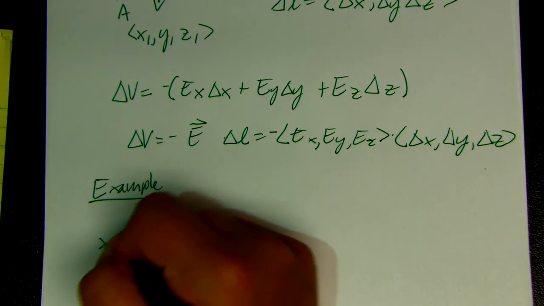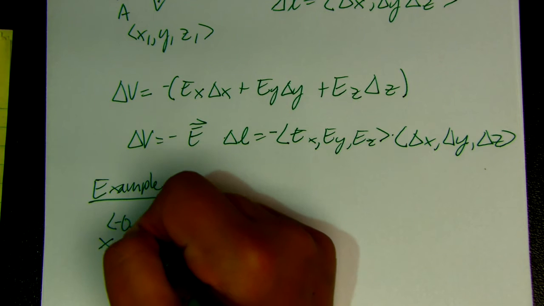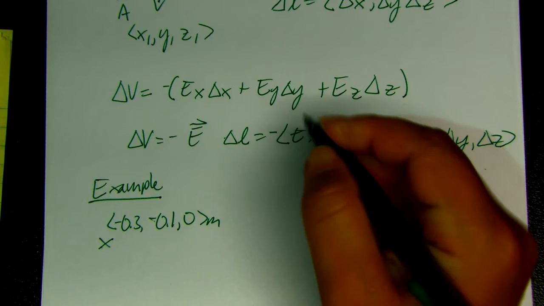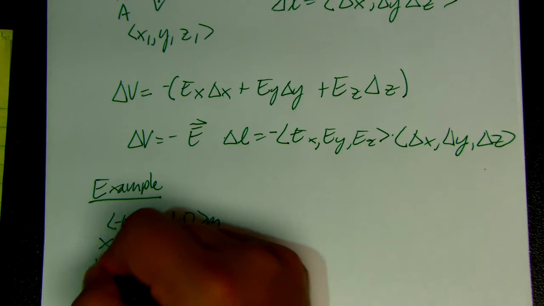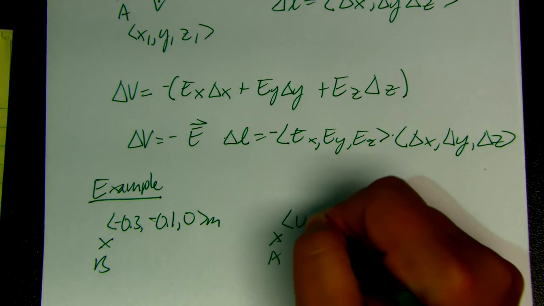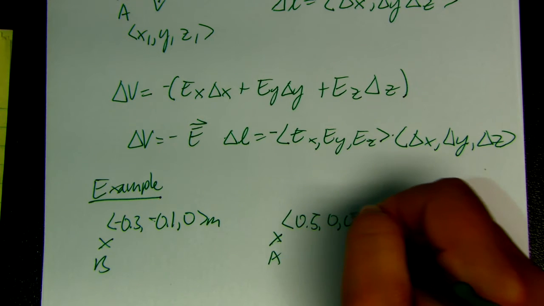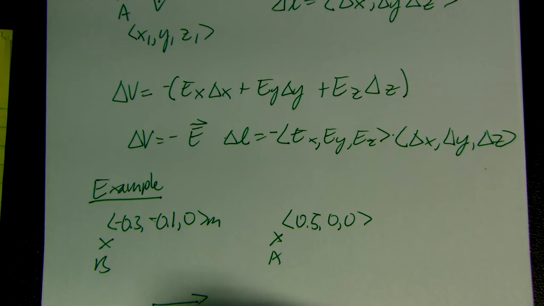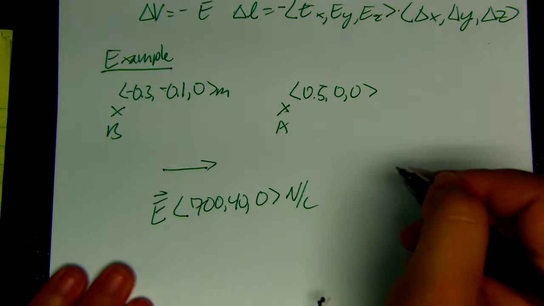All right, so we have B at (-0.3, -0.1, 0) meters, going to A at (0.5, 0, 0), and our electric field has a little bit of an angle to it. So it's at (700, 40, 0) newtons per coulomb.